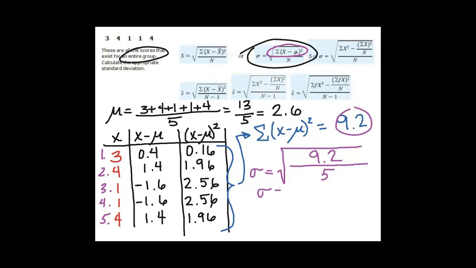So sigma equals the square root of 9.2 over 5, which is the same thing as the square root of 1.84, giving me, finally, when I hit that square root button, an answer of 1.356, which rounds to 1.36.